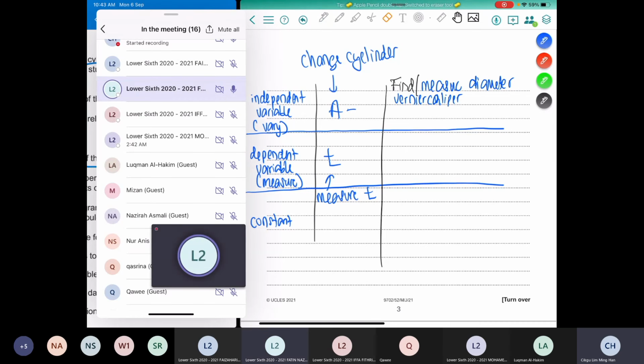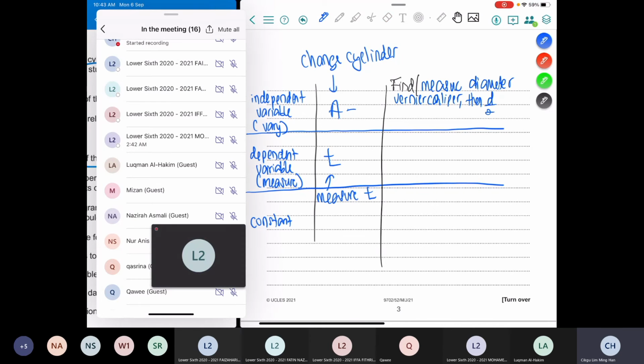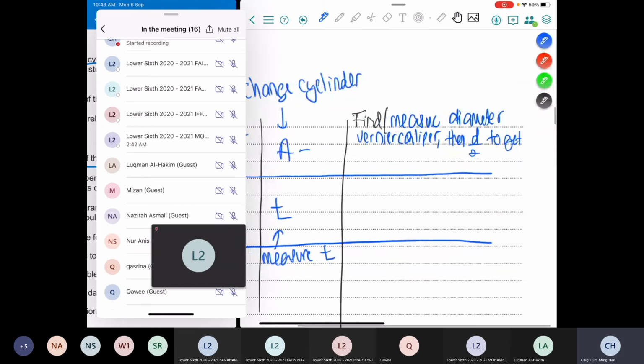Divide by 2 to find the radius. Then area, how? Use the formula pi r square. So you substitute this one into here, right? Thank you very much.